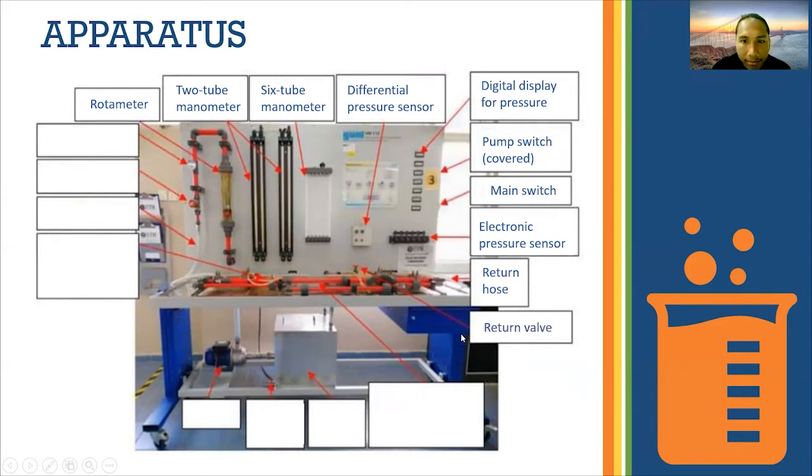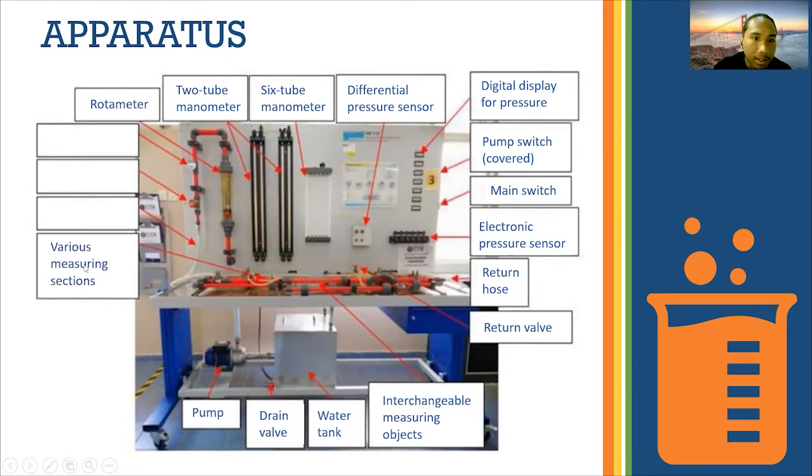Number 10, return valve here. Number 11, interchangeable measuring object. Number 12, water tank here, the square one. Number 13, drain valve, overflow. Number 14, the pump. Number 15, various measuring sections. Number 16, feeding hose.